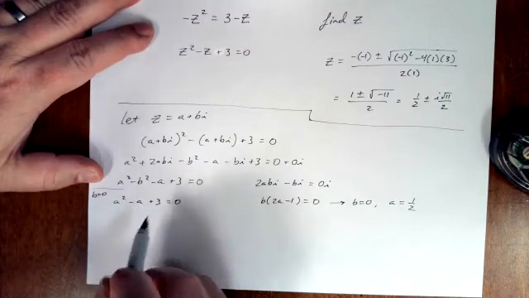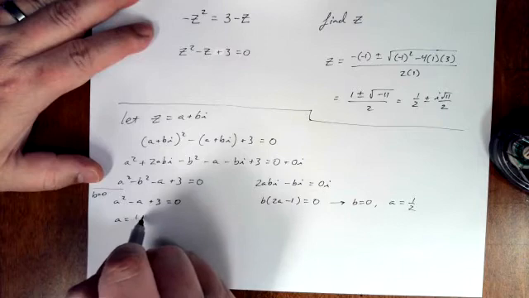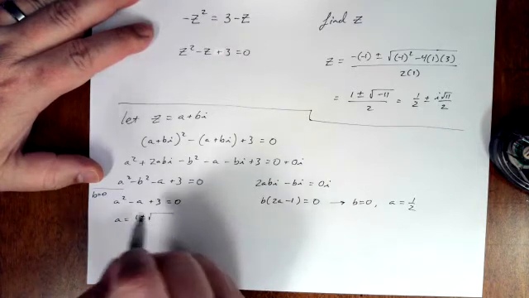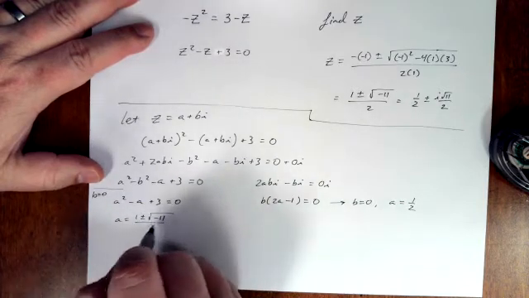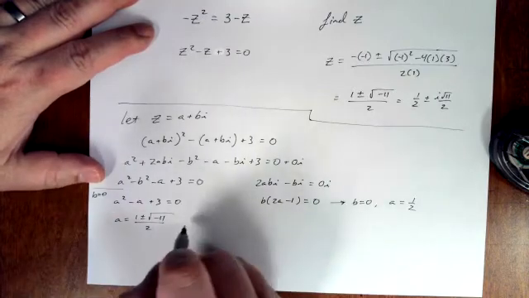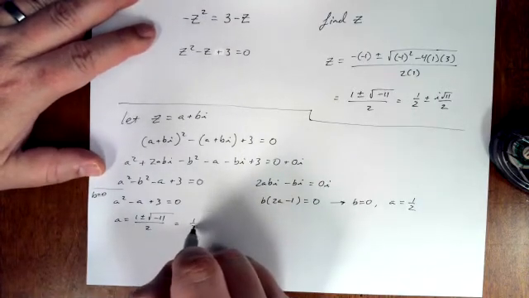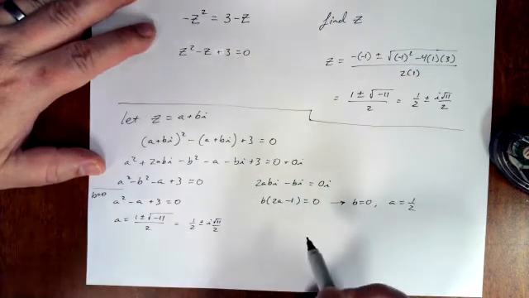Now, solving that quadratic equation, a is equal to 1 plus or minus the square root of 1 minus 4 times 1 times 3, which is negative 11, all over 2, which gives me back my formula again, 1/2 plus or minus i square root of 11 over 2. That gives me my answer.